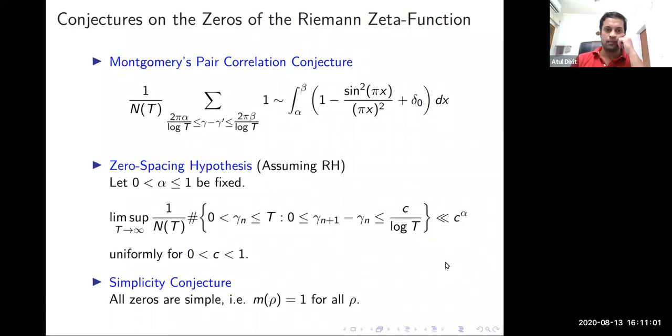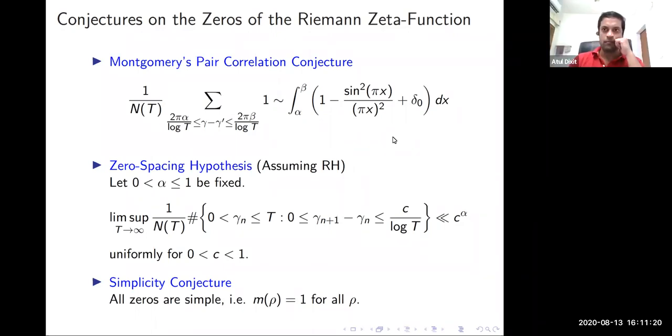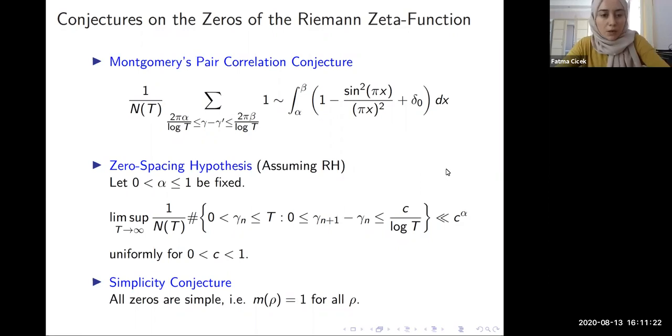And in fact, even when you combine the pair correlation conjecture with RH, we get that 100% of the zeros are simple. So it is still possible that there will be a few zeros that are not simple, but we just don't expect to have any. Okay. So the pair correlation conjecture is very well supported by numerical data, by the way.